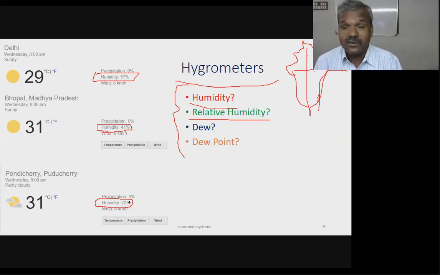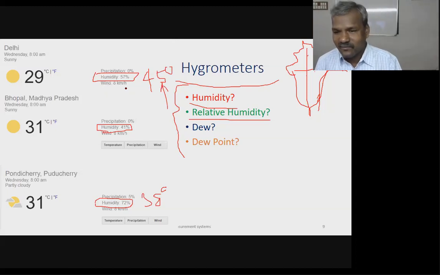If you go to Delhi, the same day, if you move out in Delhi, you may not get the sweating also. Suppose Pondicherry is 38 degrees Celsius today. If you go to Delhi, say some 45 degrees Celsius, even though the temperature is more in Delhi, we may not feel sweating at all.